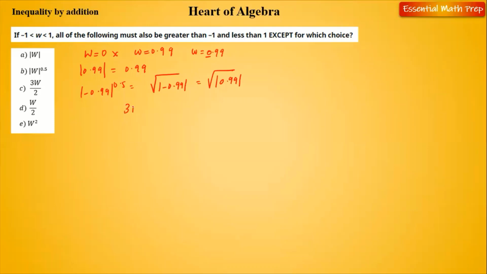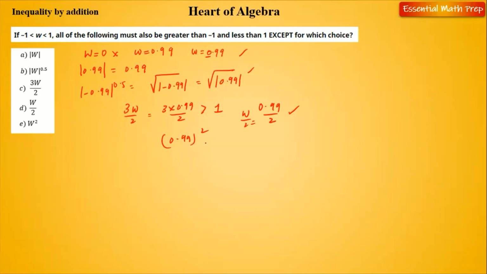3 times W over 2. 3 times 0.99 over 2 is greater than 1. Okay, right away. 0.99 over 2, well, that's the same as W over 2. That will work, this will work, this will work. W squared, 0.99 squared, will also work, as it provides a value less than 1.